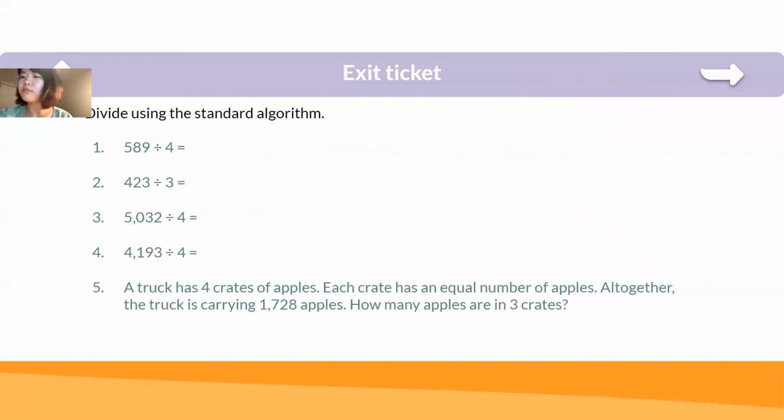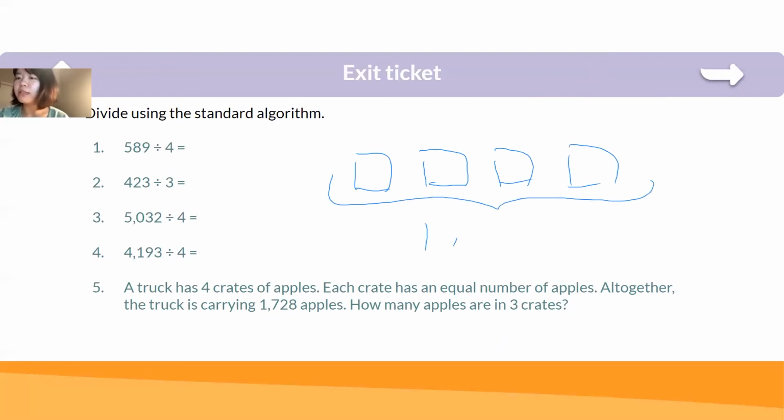Let me erase this first. So we have 4, each box equals 1 crate. And we already know altogether the truck is carrying 1,728 apples. And how many apples are in 3 crates? So what we're really looking for is this 3.